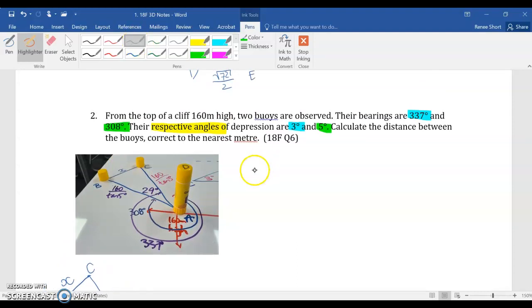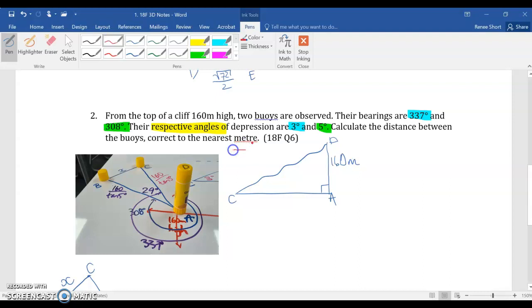So I'm going to actually now draw us a diagram where we're looking in this 3D space, but looking at the vertical part. So where it's talking about the angle of depression, it's now meaning from the top of the cliff out to that buoy there. So this here is actually going to be D, this is A, and this is C. And we know that the cliff is 160 meters high, and I need to draw in this line of sight to help me draw the angle of depression.